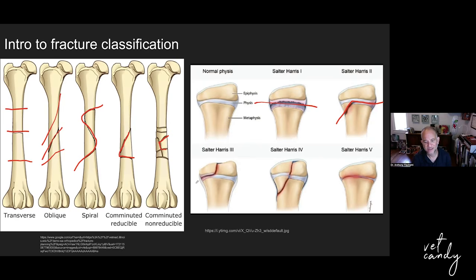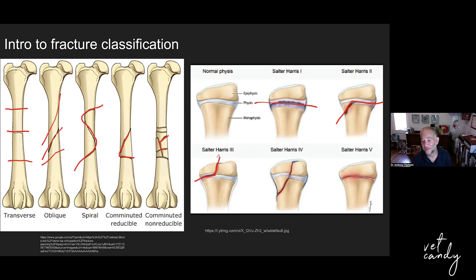Okay, Salter-Harris type 3 fracture, I'd say, is pretty rare. But what happens in these cases is you go through the physis and then up through the articular surface. Okay, the way to help remember this is, I'd rather have a metaphyseal fracture for type 2 than have a fracture that actually goes to the joint.